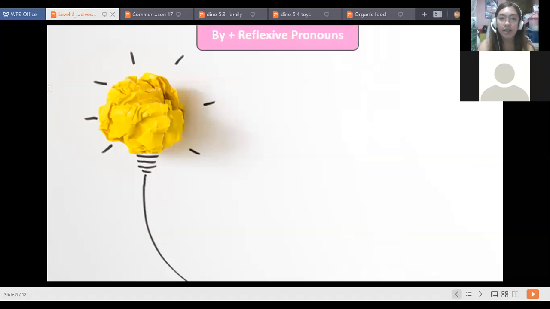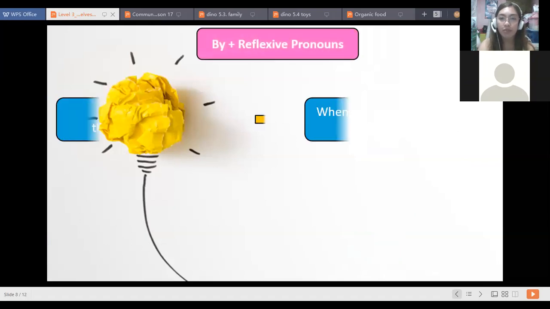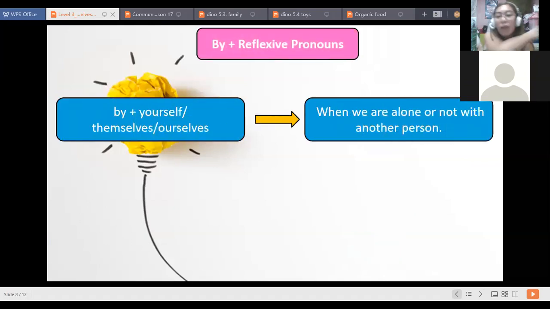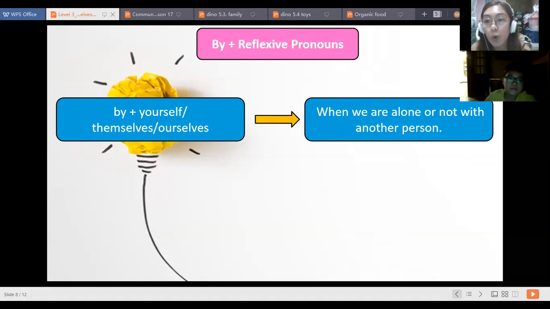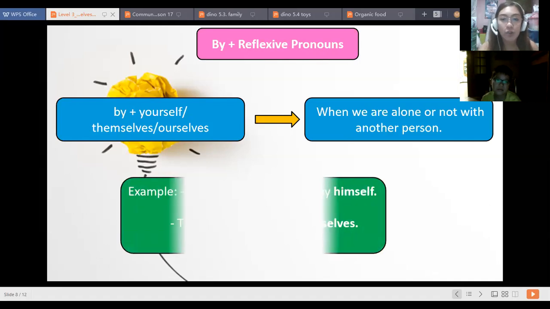So next. By plus reflexive pronoun, or by yourself, themselves, and ourselves, is used when we are alone or not with another person.